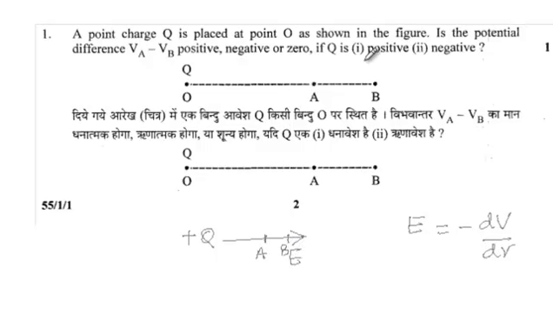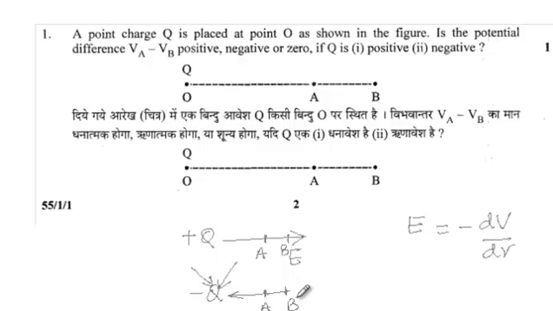For the first part of the question, when Q is positive, VA minus VB is positive, which means that A is at a higher potential than B. Next, for a negative charge, the direction of the electric field is going to be inwards. Once again, if you look at these 2 points A and B, the direction of the electric field is towards the decreasing potential.